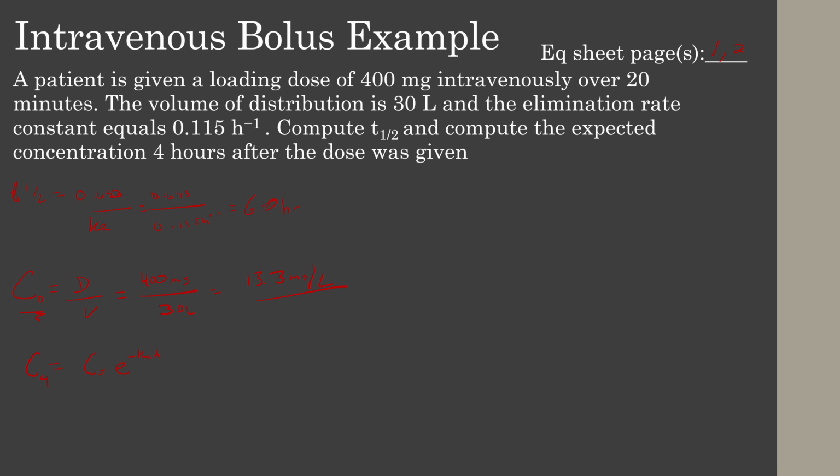So we're going to put 4 here for 4 hours. And so now we just plug and chug. Then e to the minus KE t, so 0.115 times the time we're shooting for, 4 hours. Okay? And if we do all that math out, we get somewhere around 8.4 milligrams per liter.